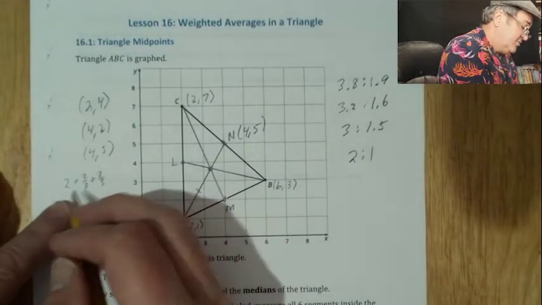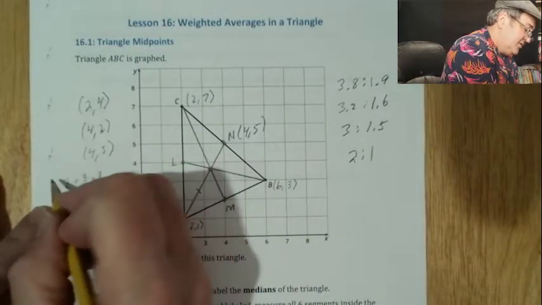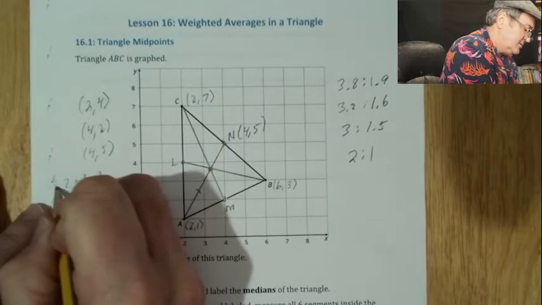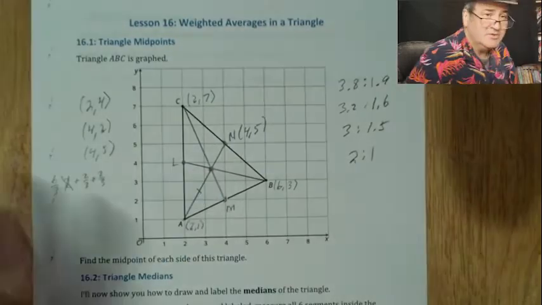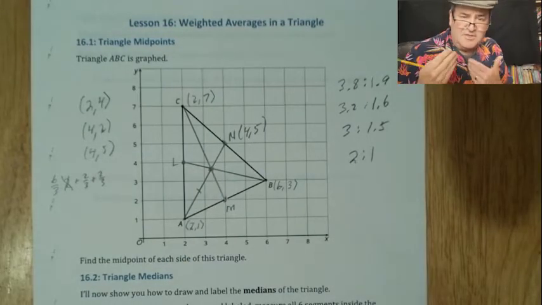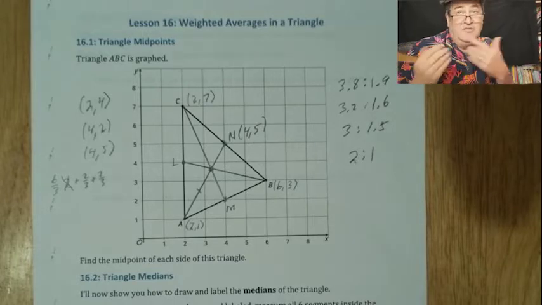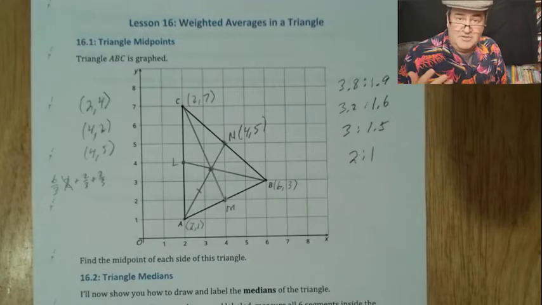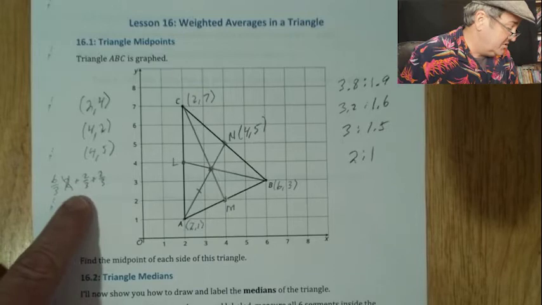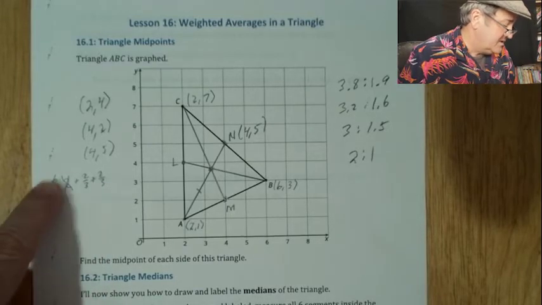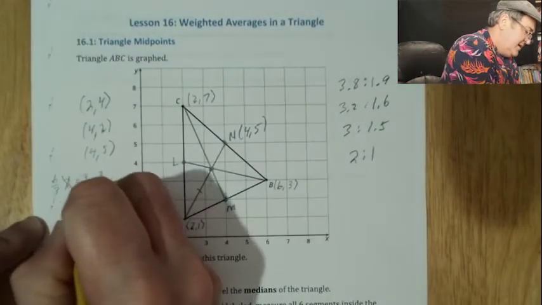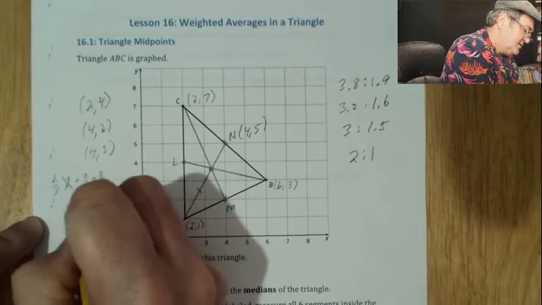So our X coordinate is, well, if we change this to thirds, that is 6/3, right? It's the same thing as 2, because 3/3 is 1. So if we have another 3/3, that's 6/3 we have. So 6/3 plus 2/3 plus 2/3. 6 plus 2 plus 2, we have 10/3 as our X coordinate.